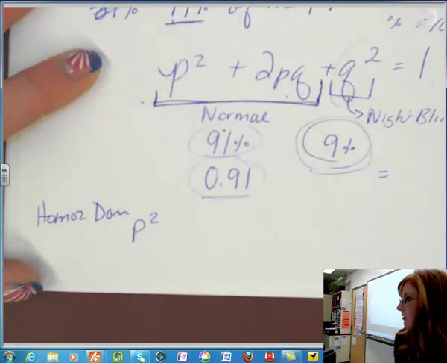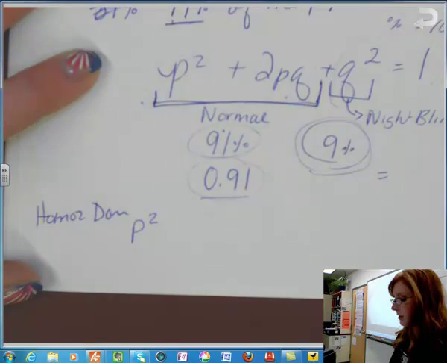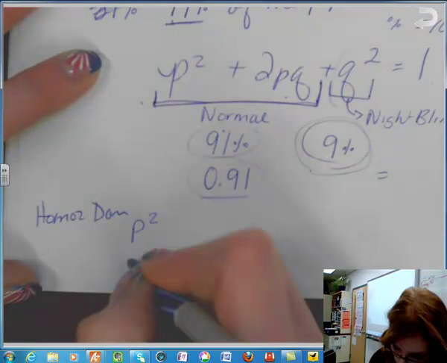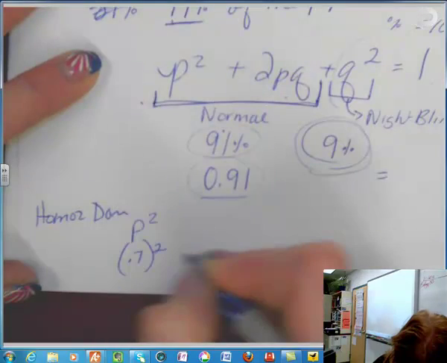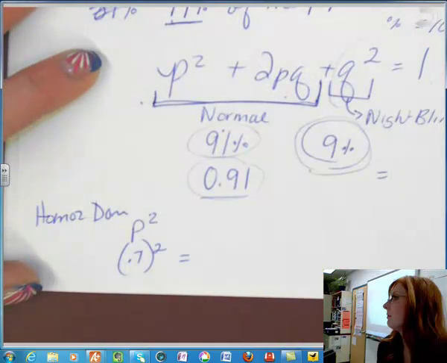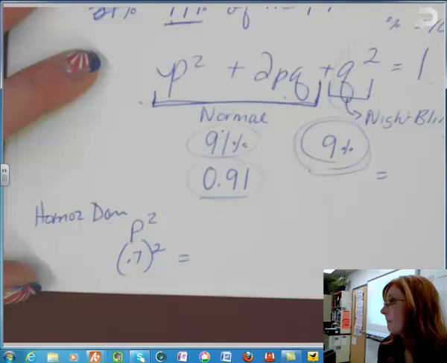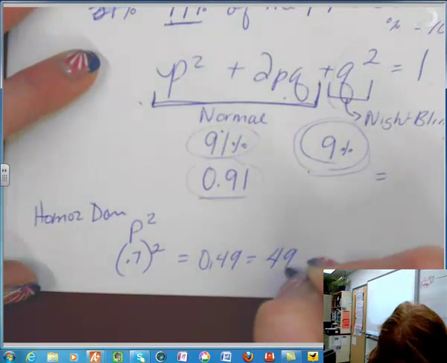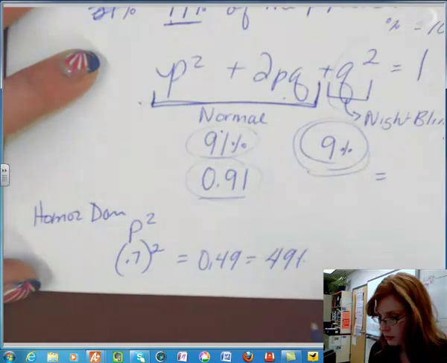Then it's simply sub in the information that you know. What can we sub in for p? Okay, so I can put 0.7 in. I can square that. That will give me 0.49, which means 49% of the population is homozygous dominant.